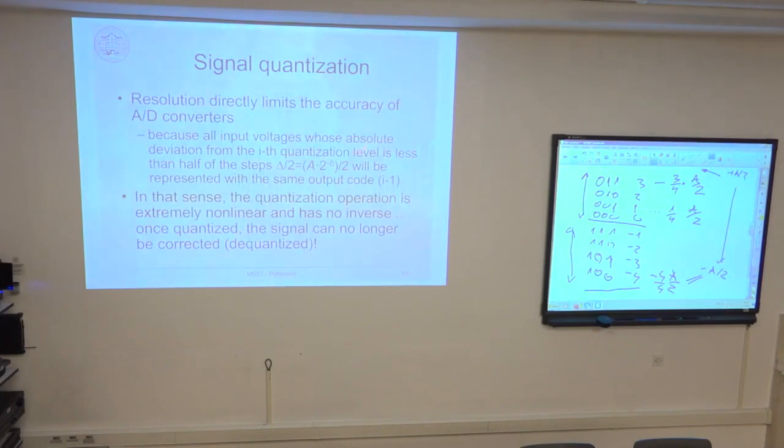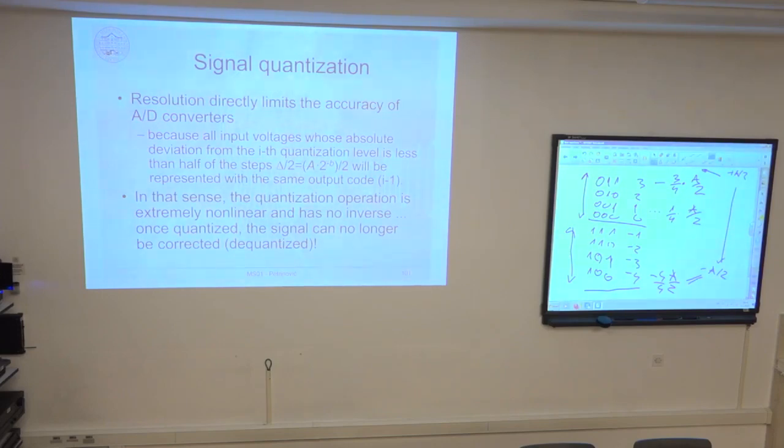Resolution directly limits the accuracy of AD conversion. As I said, because all input voltages that deviate at most plus minus 1/2 step size are represented in the same output code. So this is this granular error. And for that reason, the quantization operation is not reversible.